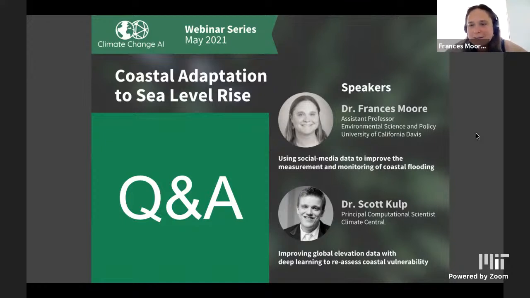What Scott presented with Climate Central's work, informing people about what their risk is in this very accessible way, is one way of changing those politics, which is why he's getting pushback from local governments. But I think it's a good tool, though it doesn't really change some of these fundamental political and economic issues around adaptation, particularly coastal adaptation.